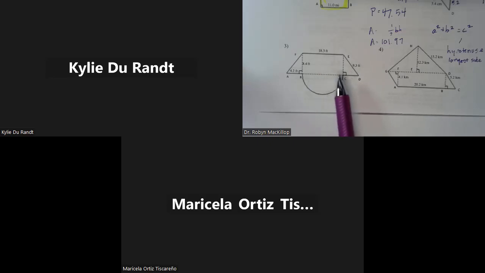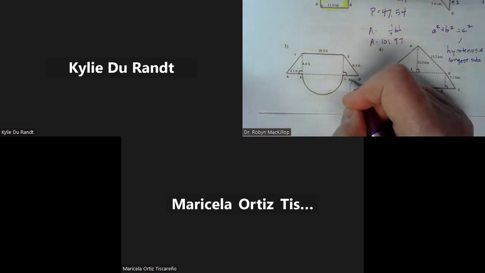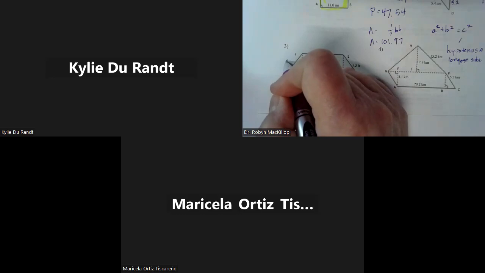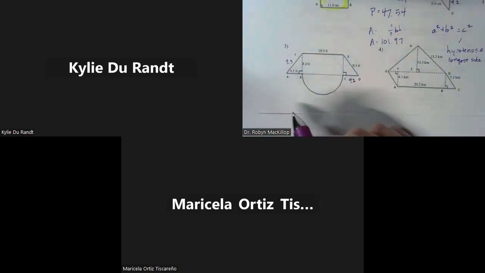I think they're equilateral triangles. Yep, they are. So all we need to do with the triangles is fill in what we know about the other one. This piece right here is 4.2. It matches the other side. They're mirrored triangles. That means this long side is 9.3.